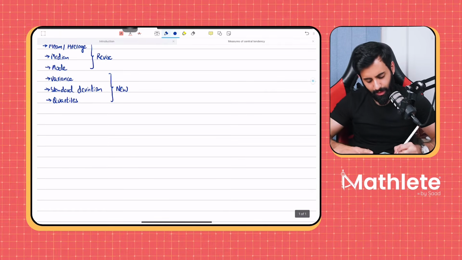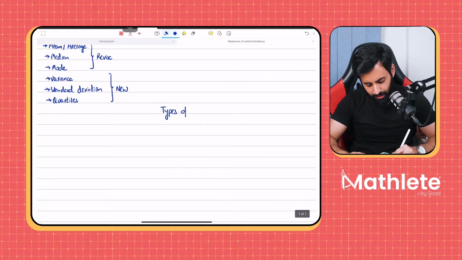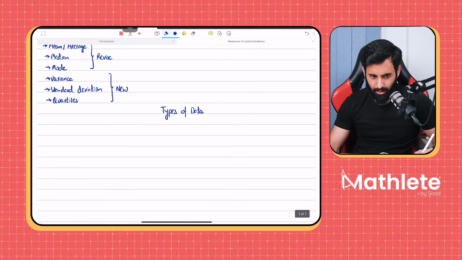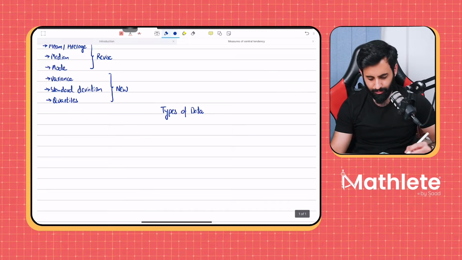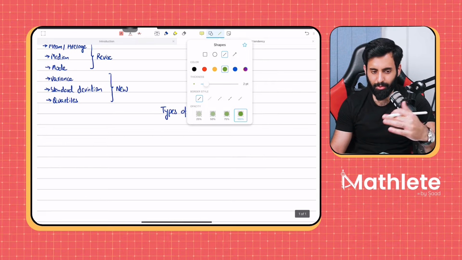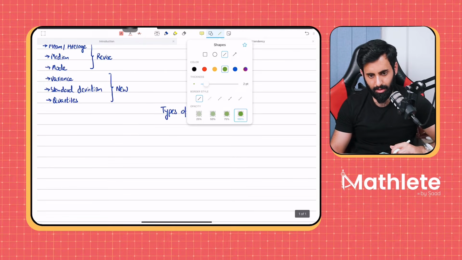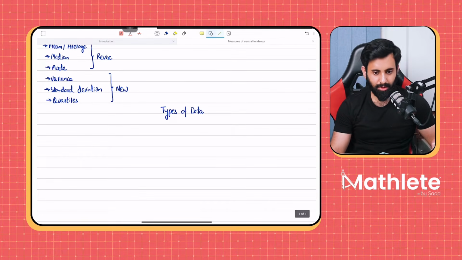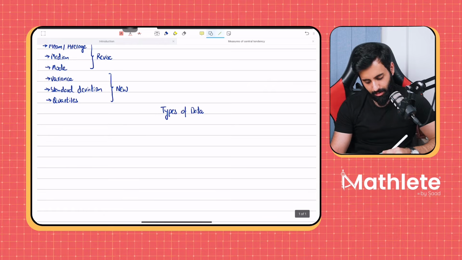Okay. So what are the types of data that we have? Question for you guys. Not every type of data is the same. So can you tell me what are the two types? Okay, grouped and ungrouped. All right. Now, even before that, you have quantitative.